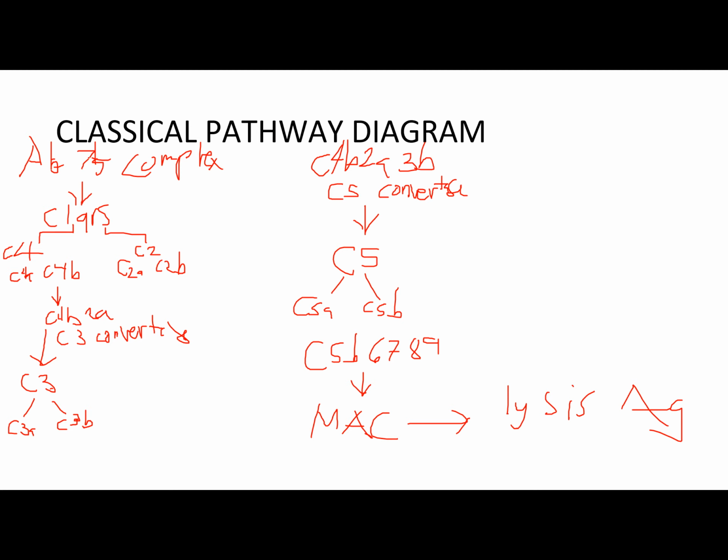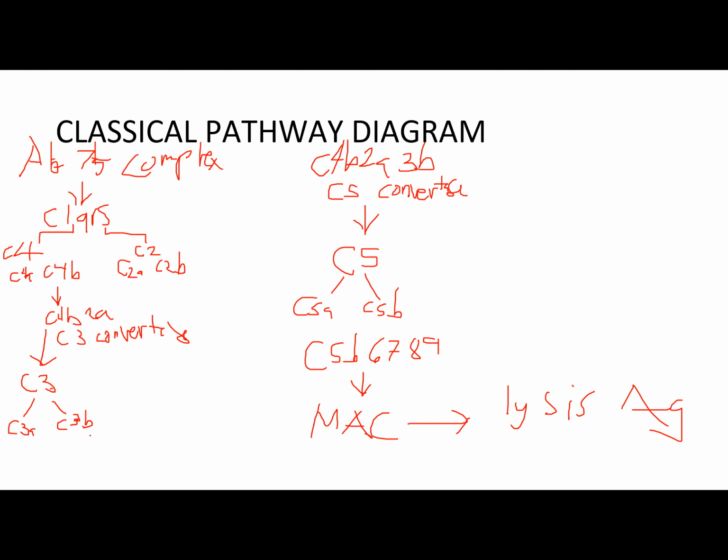So let me repeat, class. Whenever there would be an antibody antigen complex, C1QRS would arrive and it would cleave C4 and C2, forming C4A, C4B, C2A, C2B. C4B would cause the attachment of C2A, forming your C4B2A, known as the C3 convertase. Now, it would cleave C3, forming C3A, C3B.